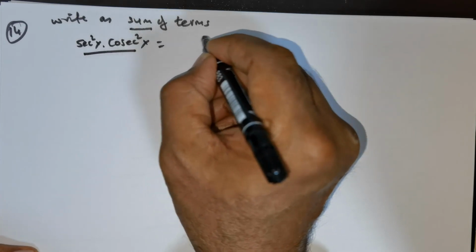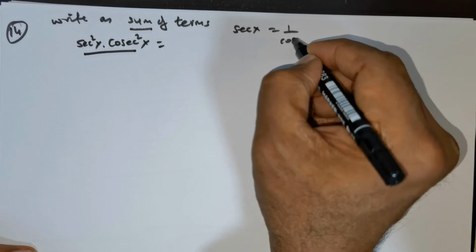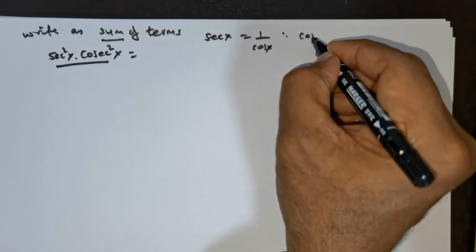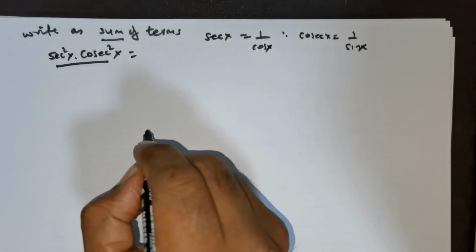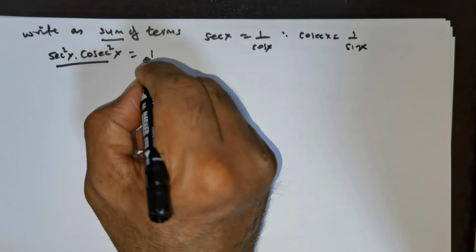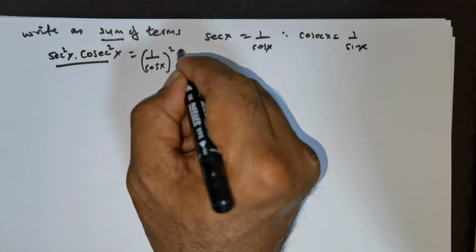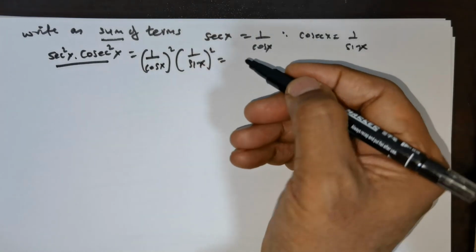I'm going to rewrite secant x as 1 over cos x and cosecant x as 1 over sin x. So this is going to be 1 over cos x raised to the power of 2 times 1 over sin x raised to the power of 2.